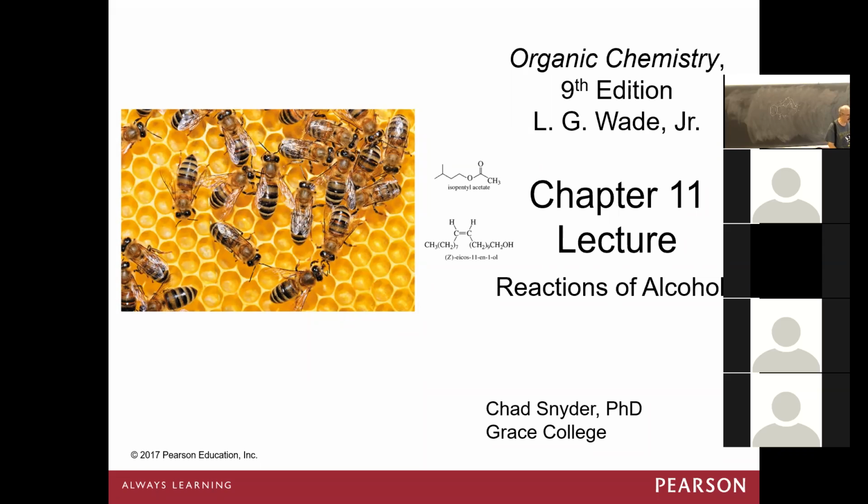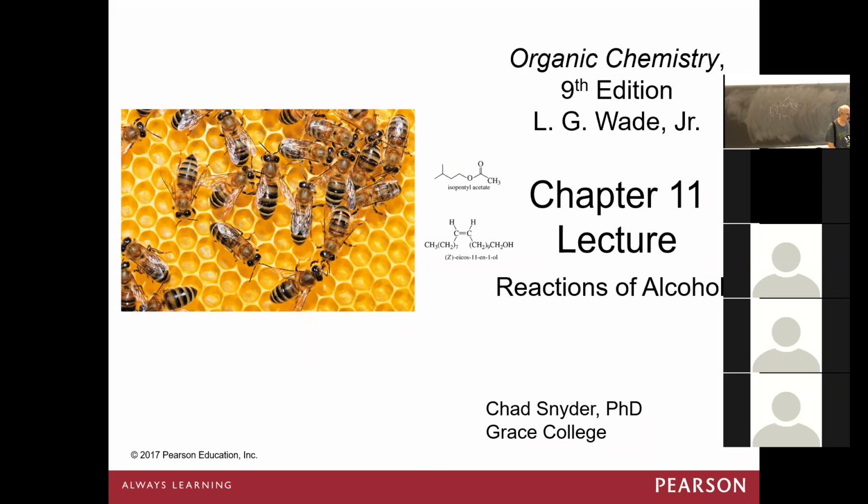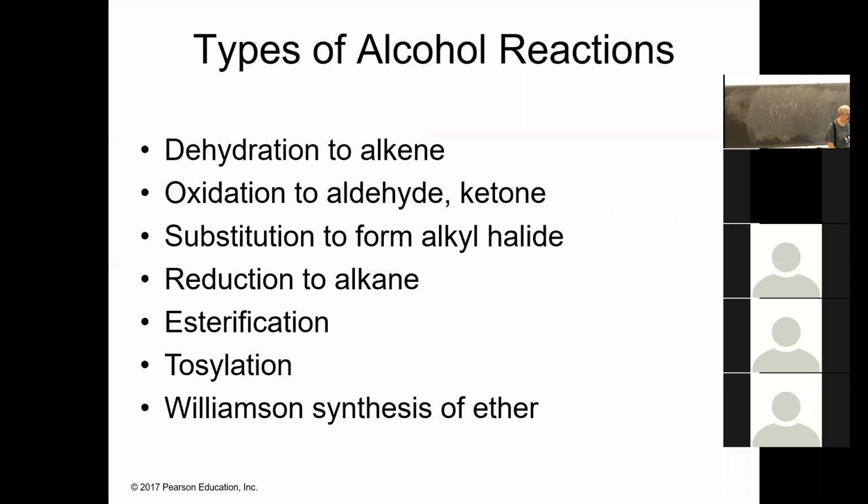Because last time we had just introduced the introductory couple of slides here. In this chapter, we're looking at starting with alcohols and converting them into other functional groups. Here is an overview of the types of reactions that we'll be looking at.